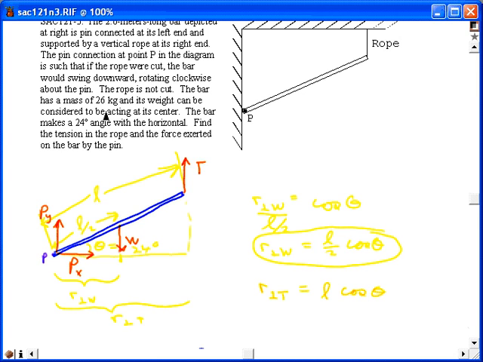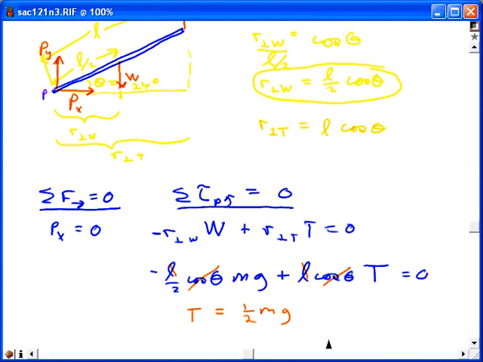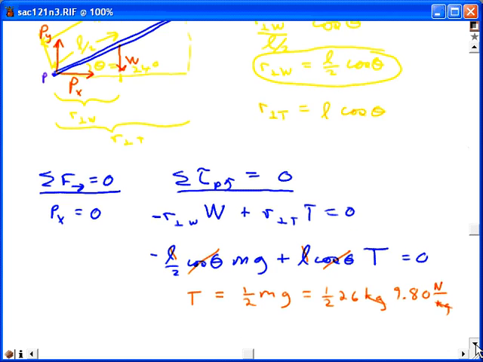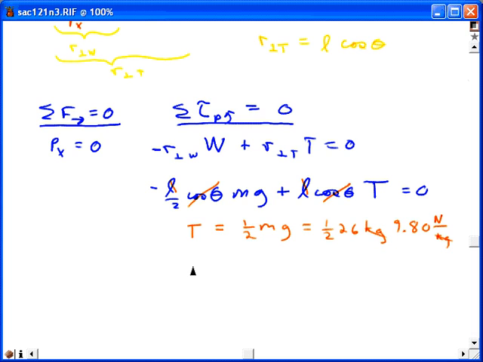So we can actually get a value for the tension already. We're given that the mass is 26 kilograms, so this is 1/2 of 26 kilograms times 9.80 newtons per kilogram, to 3 sig figs. I'll go ahead and multiply that out on the calculator.